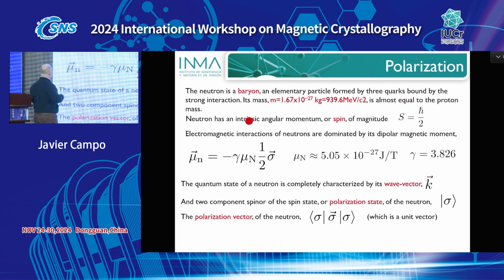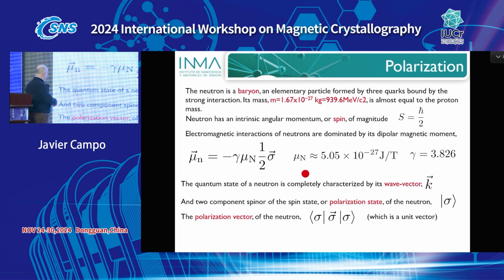Then with this spin, we can determine the magnetic moment of the neutron, which is this: the nuclear magneton, gamma, times 1/2 of the Pauli sigma matrix. And gamma here is 3 because I put here 1/2. If not, it is 1. Sometimes you can see gamma over 2 around 1.8. And the nuclear magneton is much smaller than the Bohr magneton because it's related to the mass of the proton.